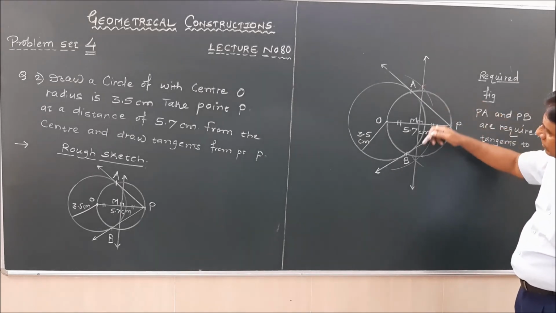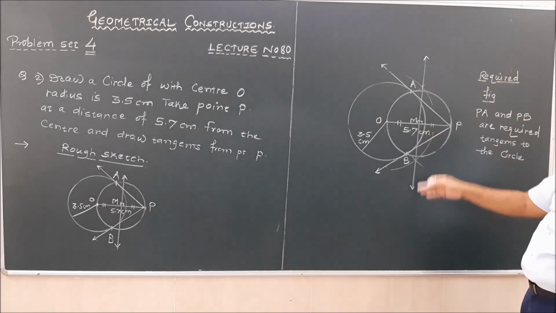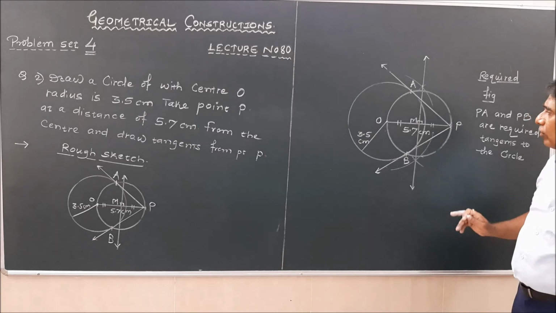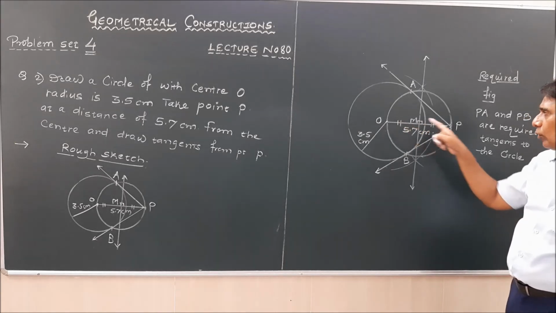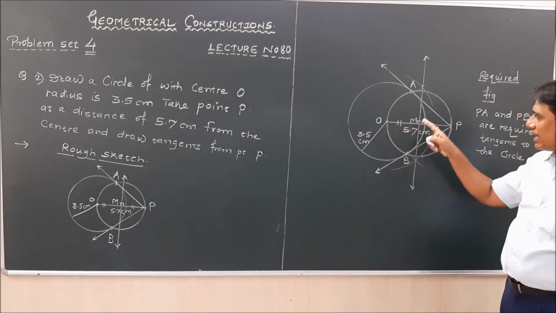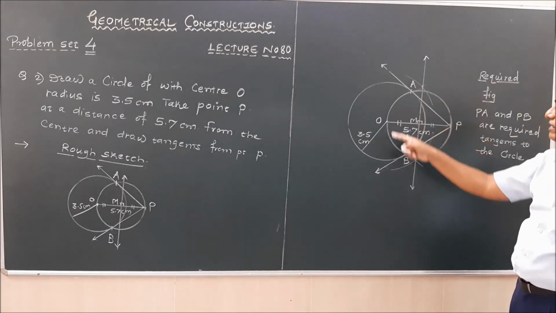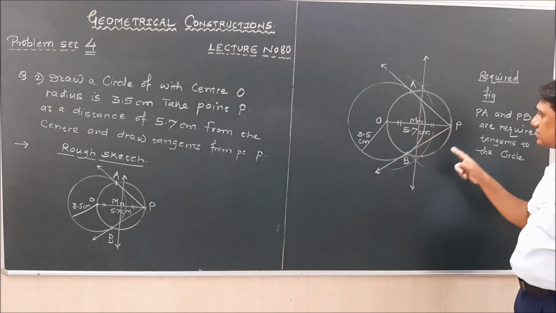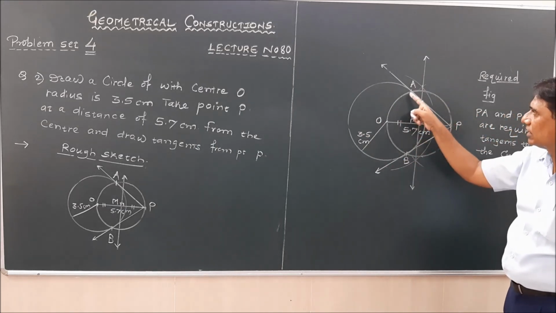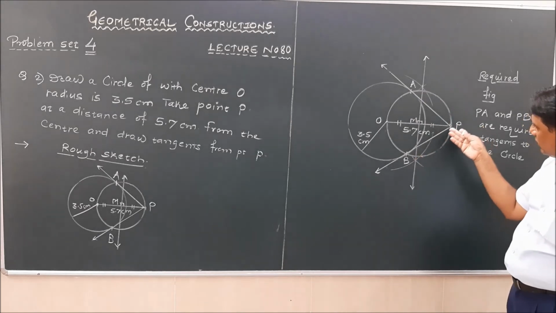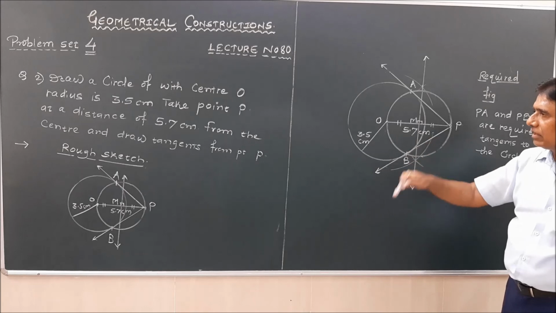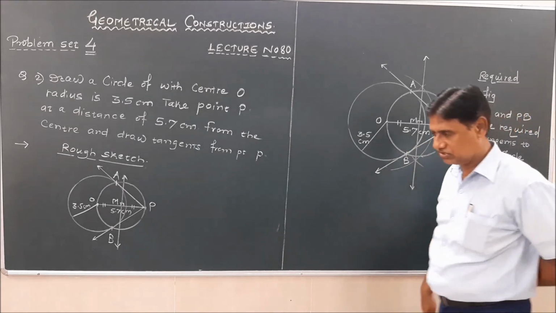From the point of intersection of these arcs, I draw the perpendicular bisector of OP that intersects OP in point M. Then taking OM or MP as radius, I draw a circle. This circle will intersect the previously drawn circle in points A and B. Then join PB and PA. So PA and PB are the required tangents.